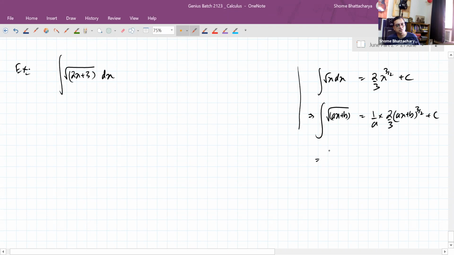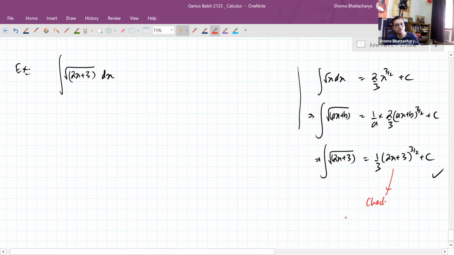So in this case, integration of square root of 2x plus 3 should become 1 by 3 (2x plus 3) to the power 3 by 2, and you will see that by using this formula, this antiderivative that we have got will give you the correct value.